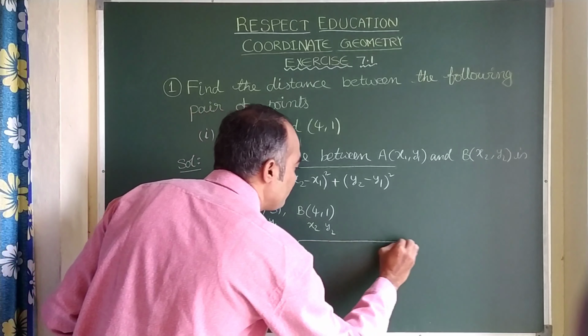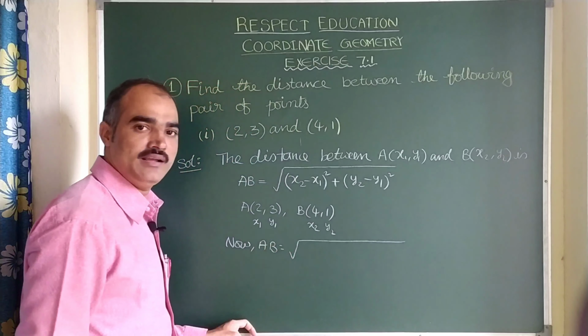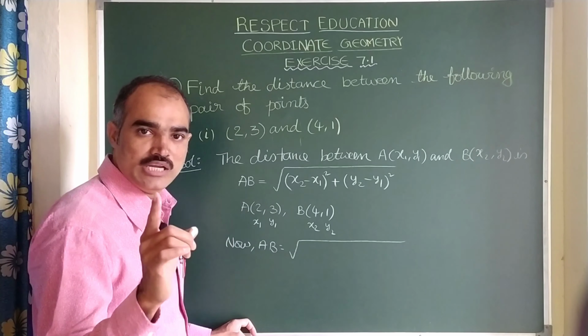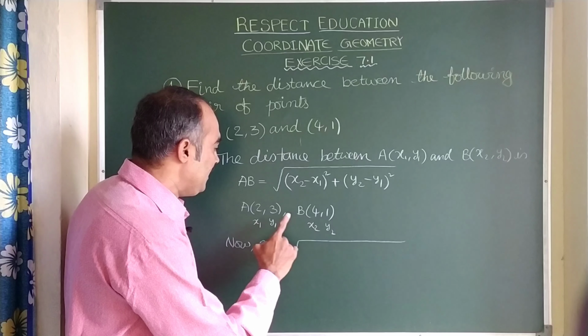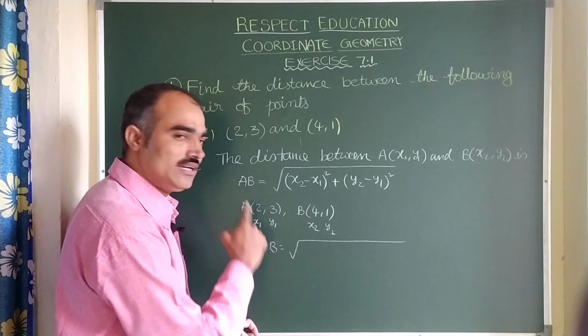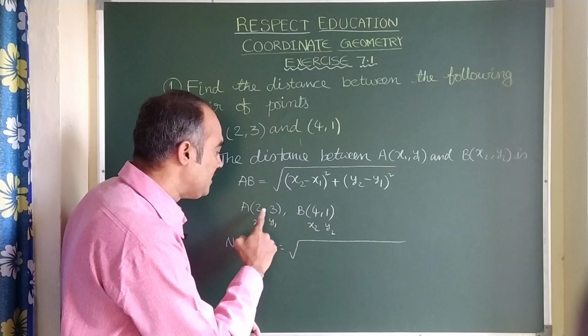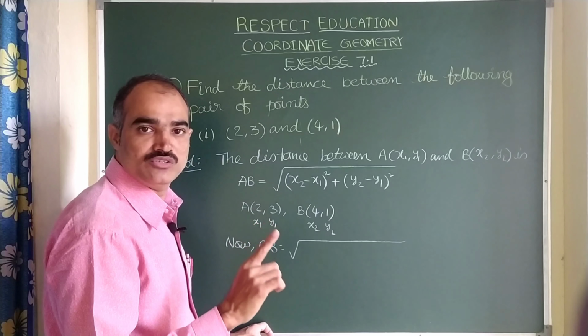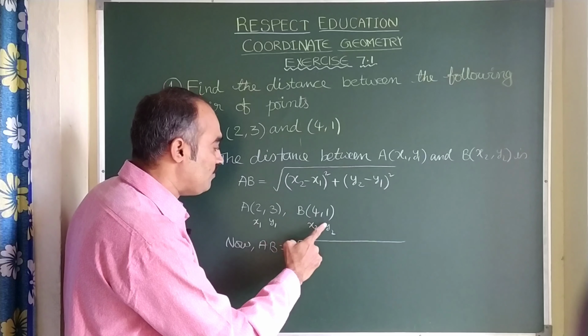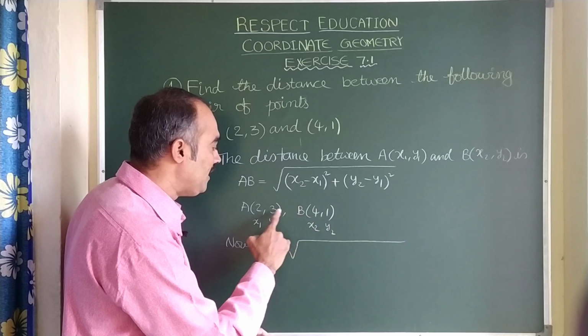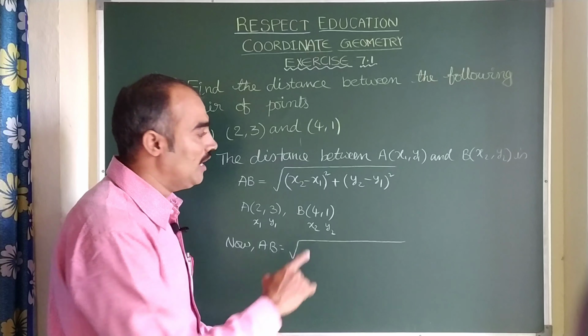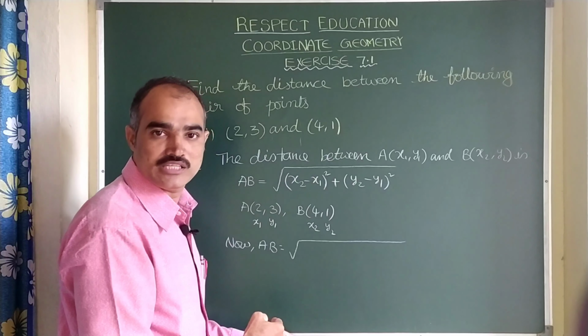under root. Here I would like to tell you a small thing, keep it in mind. Here x2 minus x1 means 4 minus 2, that is a positive value we can take, whereas for y2 minus y1, you see, 1 minus 3 is minus 2, minus 2 whole square is plus 4.